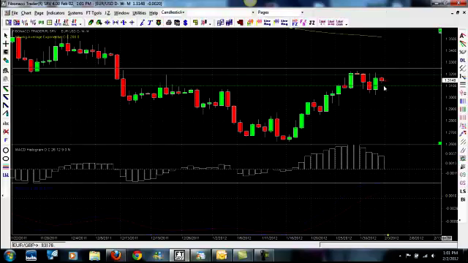So we're looking to short this pair here, but at the same time we are looking to go long the euro at 30.22. If the currency pair comes all the way down to here, 30.22, right around here, then we're going to buy again, and then the profit target on that is 31.